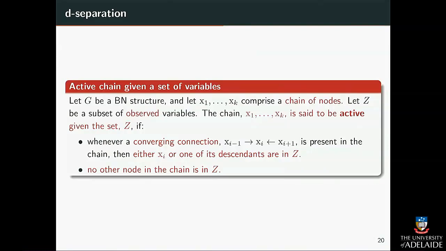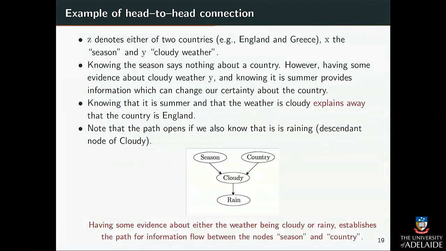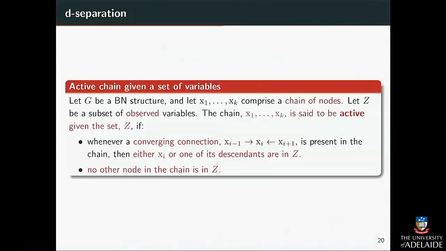Now, if originally some of these nodes were nodes where the edges converged, we say that this chain is active given this set because of these convergences, because of these head-to-head connections, and we have these things instantiated. So this Z opens information about the variables in the chain.